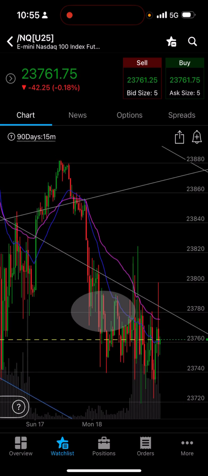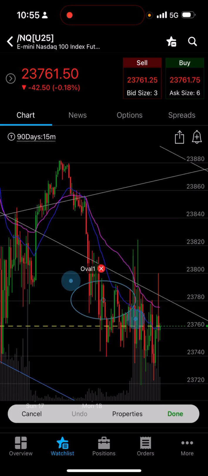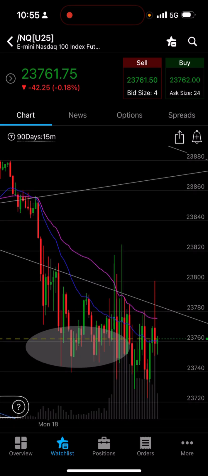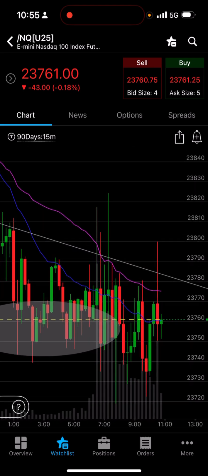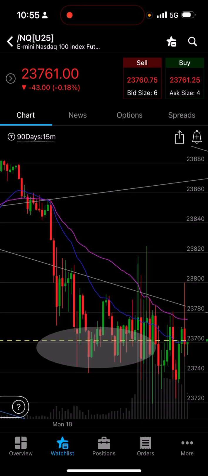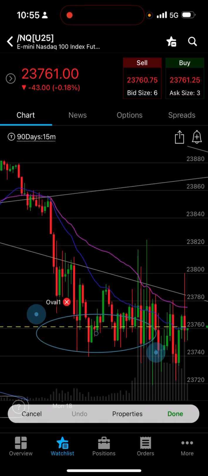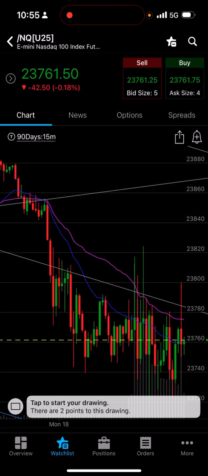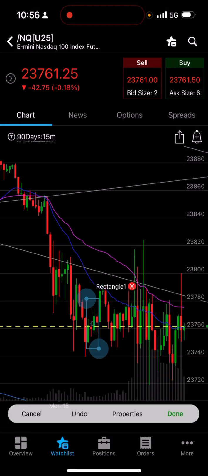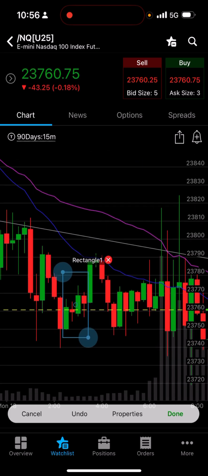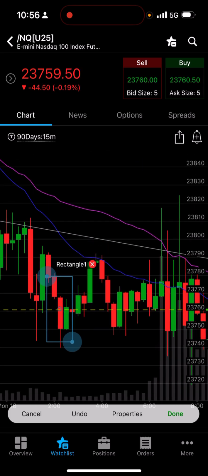I was thinking it might sweep the 23,800 area, so I actually took the trade at 23,750. Let me see if I can draw that and get rid of this. Let's do an oval. So around 2 a.m., around this area right here.